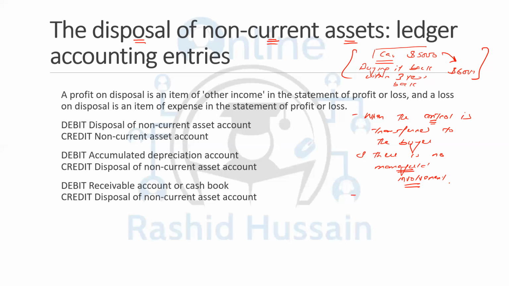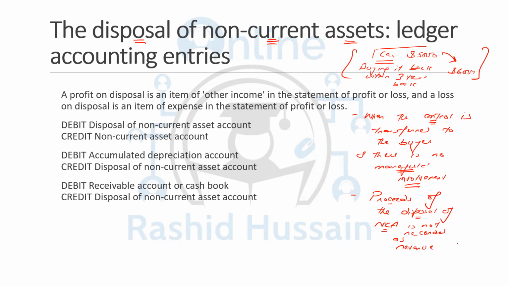One more point is that the proceeds of the disposal of non-current asset are not recorded as revenue.